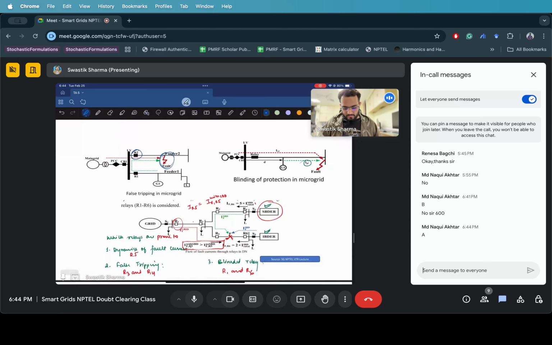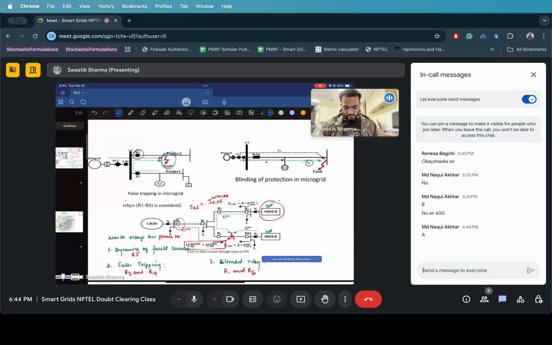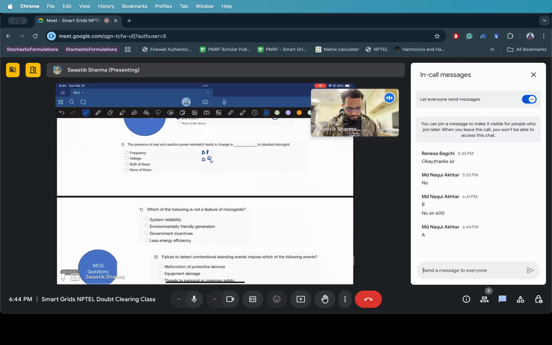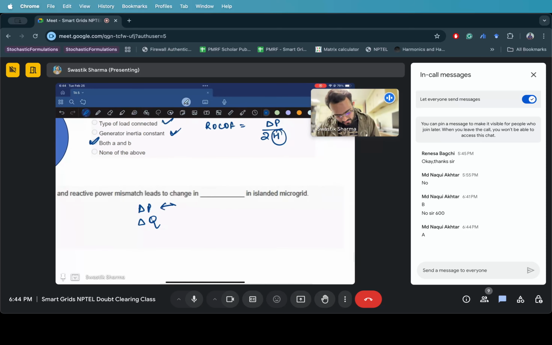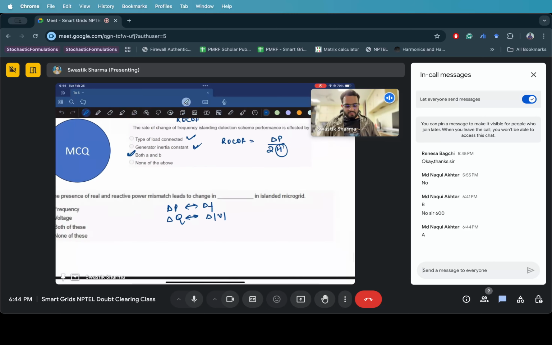see this figure, right? Let me tell you one thing very quickly. Delta P will affect delta F and delta Q affects delta V. The voltage magnitude is directly affected by the change of reactive power in the system, and the change in real power affects the change in frequency.